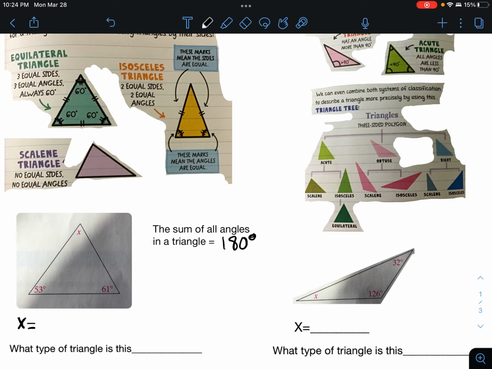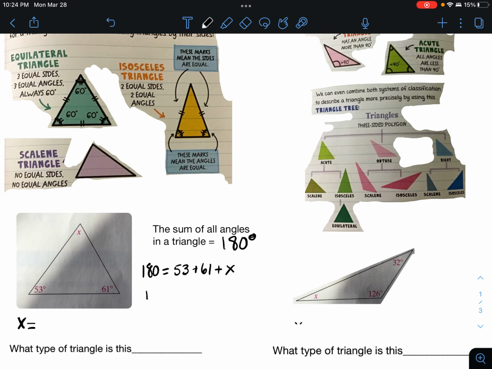We know that 53 and 61 are 2 of the angles in the triangle. There are 3 angles altogether, so 180 is equal to 53 plus 61 plus x. Well, we can combine the like terms. 53 plus 61 is 114, so 180 is equal to 114 plus x.